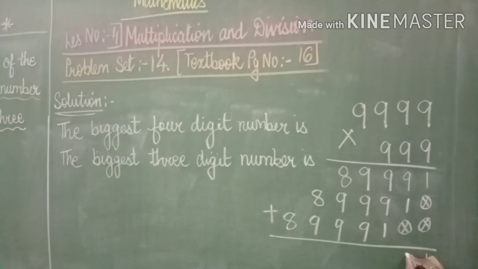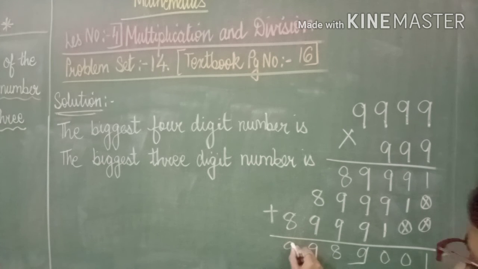So 1, this becomes 10, 1 carried, 9 plus 9 becomes 18, 18 plus 1 becomes 19, 19 plus 1 becomes 20, 2 carried up, 27, 27 plus 2 becomes 29, 2 carried up again, 9 9s are 18, 9 plus 9 18, 18 plus 8 becomes 26, 26 plus 2 becomes 28, 2 carried up, 8 written down, 9 plus 8 becomes 17, 17 plus 2 becomes 19, 9 down, 1 carried up, 8 plus 1 becomes 9.